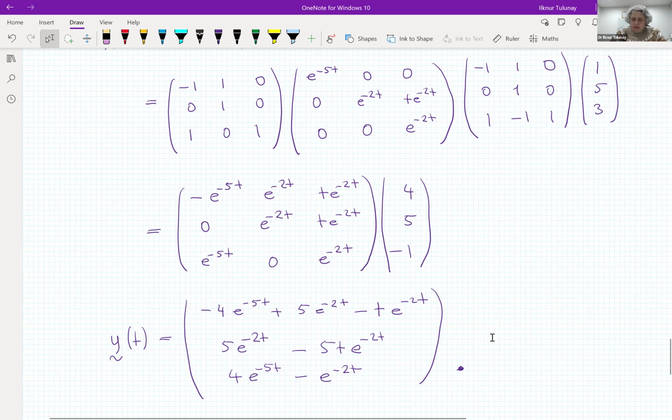I would like to just think for a few minutes. Even though the calculations seem complex, it is very useful to think about such solutions for general forms.